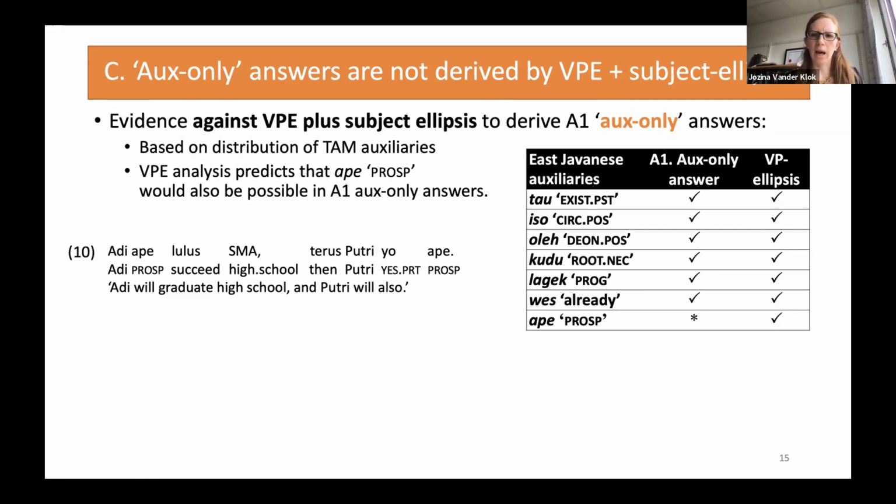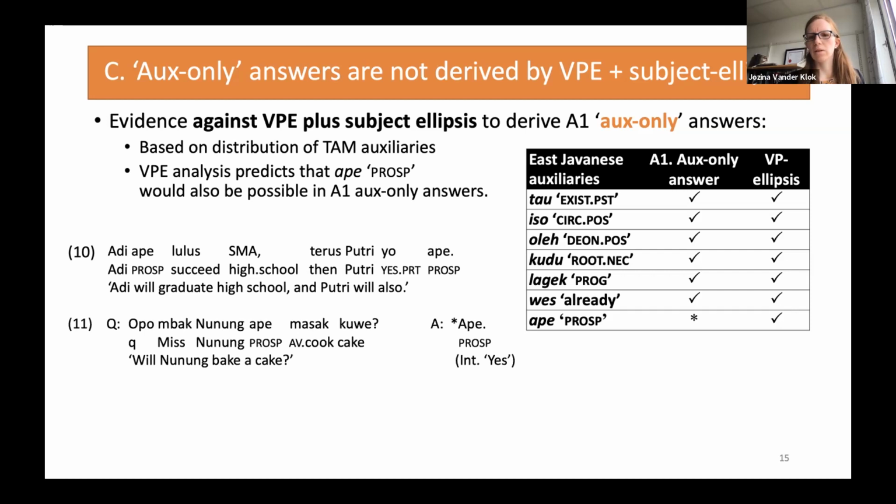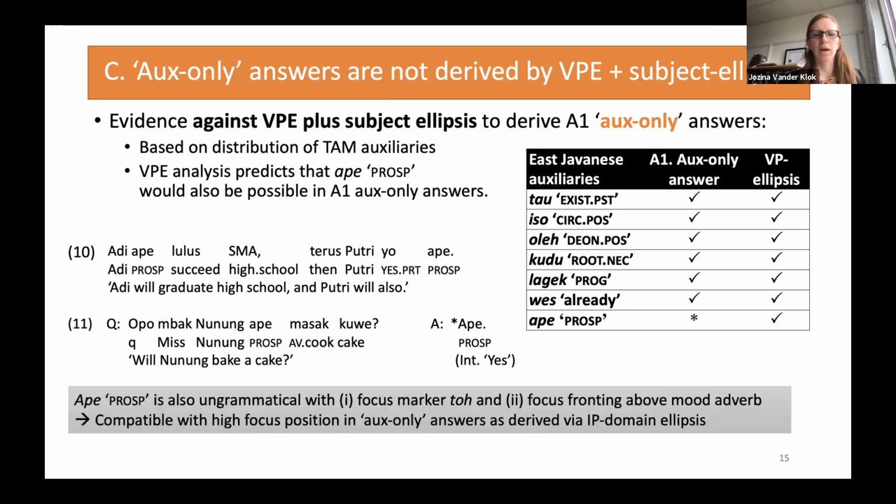However, when looking at auxiliary only answers, answering with ape is completely out. So, will Nunung bake cake, ape masak kue. Speakers judge this as ungrammatical. And in fact, when we look at a wider range of syntactic contexts, ape, this prospective aspect marker, is also ungrammatical with narrow focus using the focus marker to, as well as focus fronting above a mood adverb.